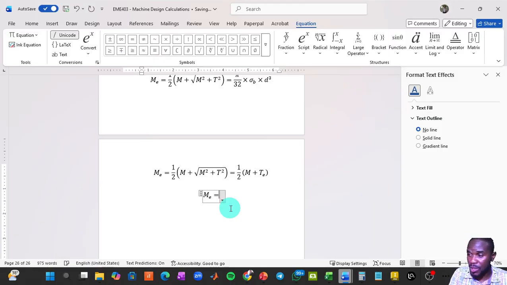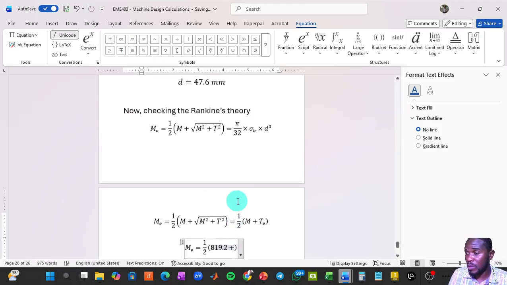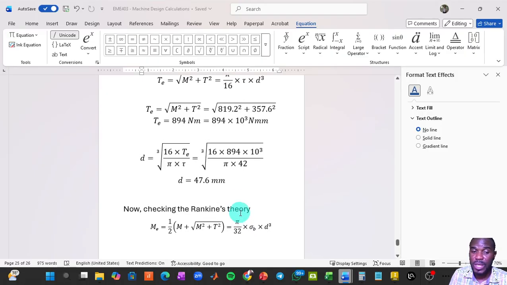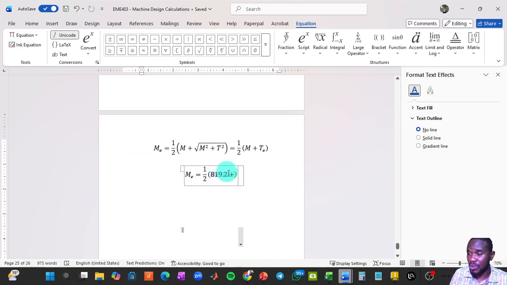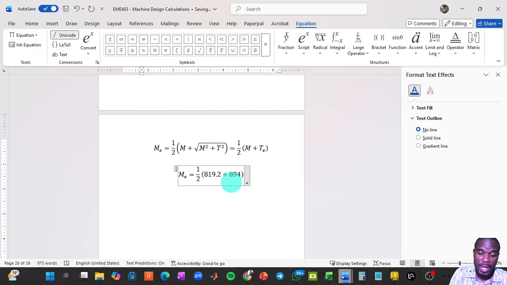So ME here is going to be half. What's the value of our bending moment? It's 819.2, that's the maximum bending moment, plus the equivalent bending moment that we just found, which is 894 Newton meter. That math will give us 856.6 Newton meter.